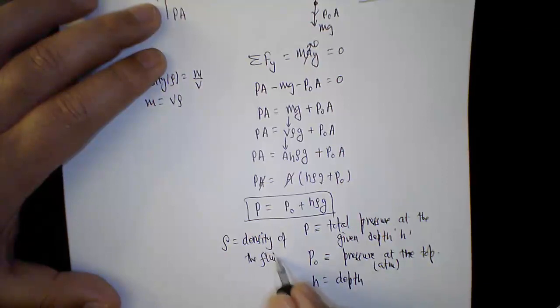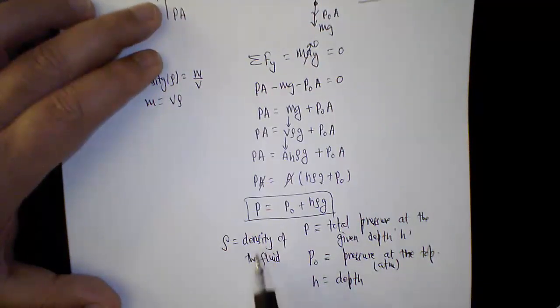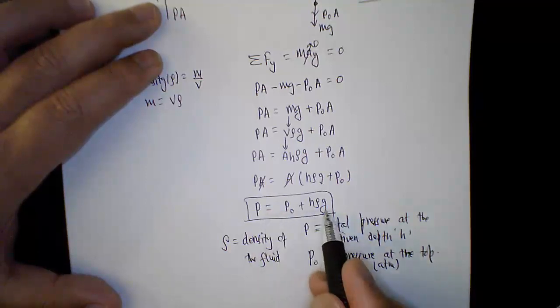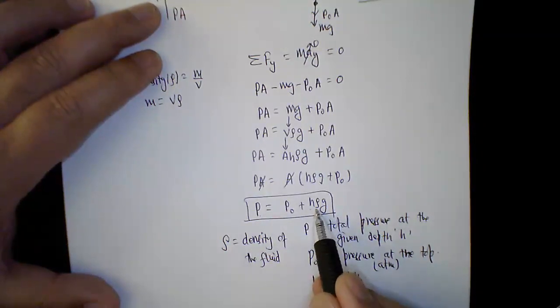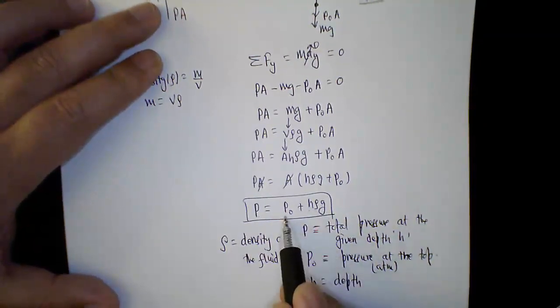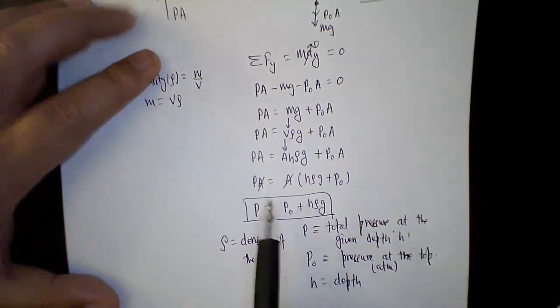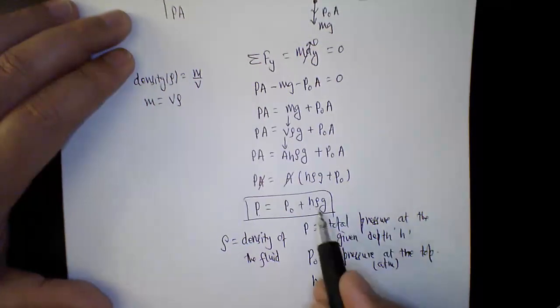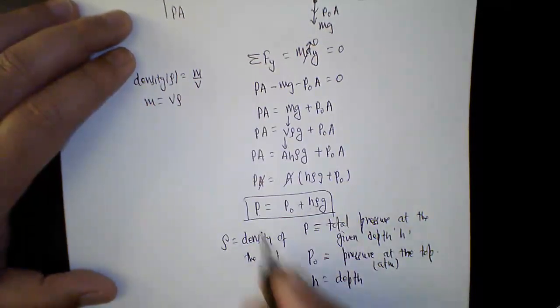If you want to find the water pressure, it is the density of the water. So you can clearly see that pressure just depends on the depth, because density of the fluid is constant, gravity is constant, and pressure sitting on the top is constant. So the hydrostatic pressure basically just depends on the depth, nothing else, not shape and size. It's very important.